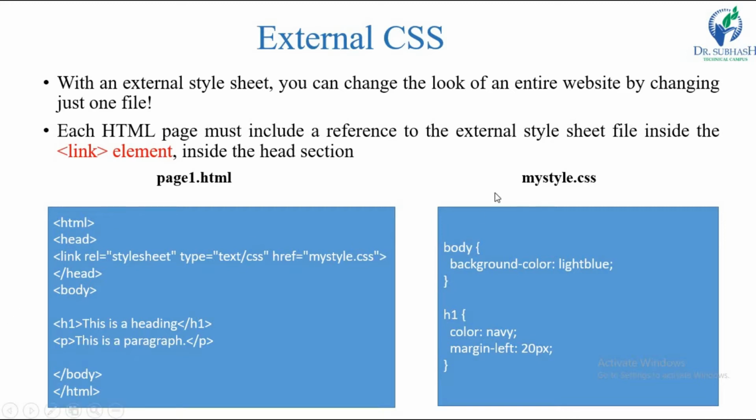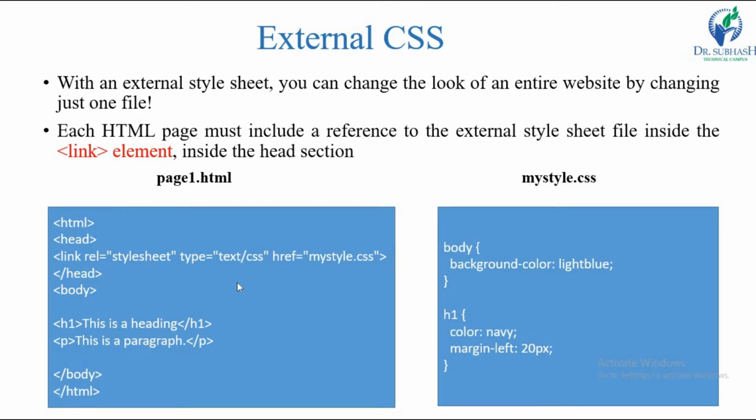Now this style we want to apply to page1.html. So how are we going to apply it? In the head section we are going to write a link. The attribute rel is equal to stylesheet, because the file we are linking is of type style sheet. Type is equal to text/css, and in href we apply the path or the file name of your CSS.